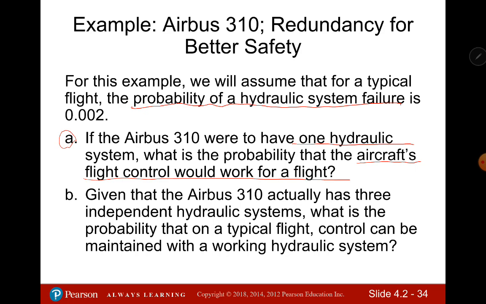But in part B, we will talk about if we have the redundancy. This time we have 3 independent hydraulic systems. So what is the probability it will work for a flight?